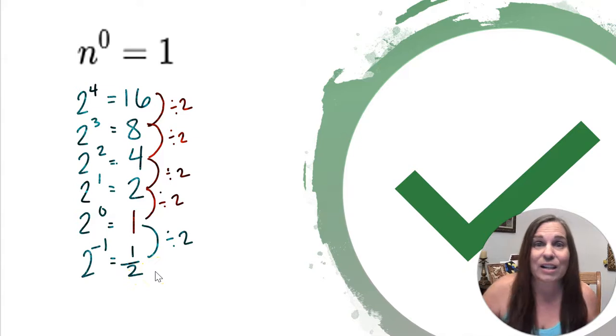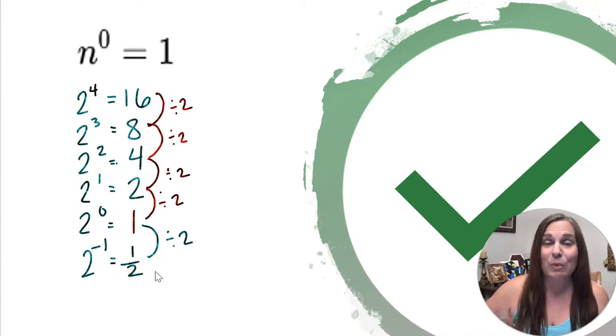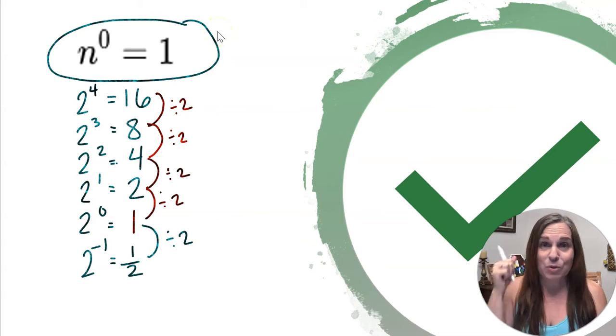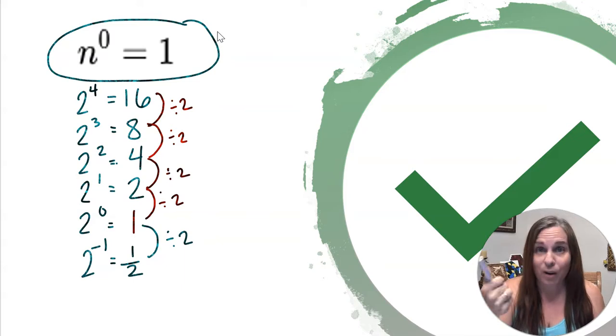Yes, we're going to start getting into fractions when we have negative exponents. But for now, what I want you to focus on for this slide is that any number to the 0 power equals 1. You can say it over and over if it helps you remember it, but anything to the 0 is 1. Anything to the 0 is 1.